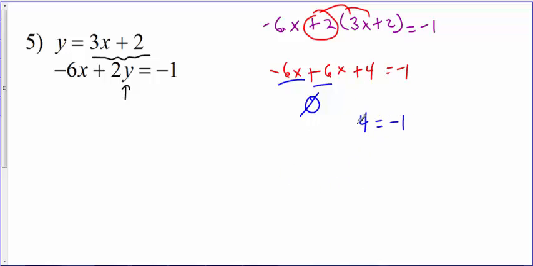So let's compare what's left. 4 equal to negative 1. Does 4 equal negative 1? No. The left side of the equation does not equal the right side.